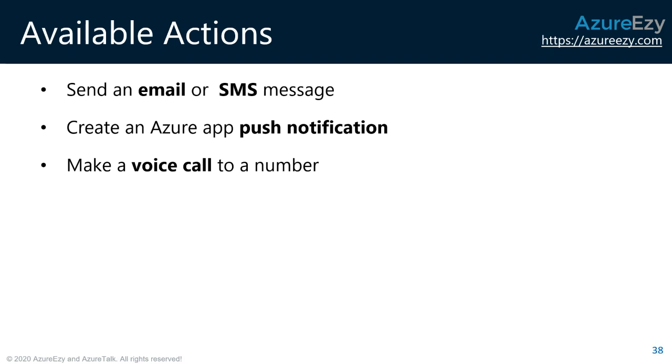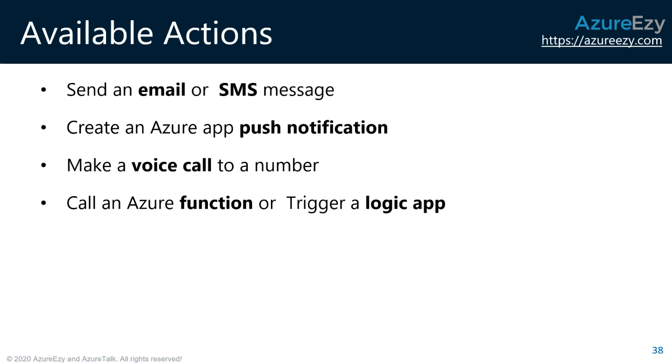You have some helpdesk number or any specific command center team, you can raise a call to that particular number as well. Then you can also create and call some function and trigger some logic app. Whatever functions you have previously created, it will execute that.